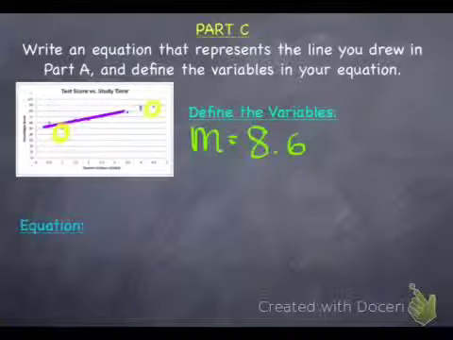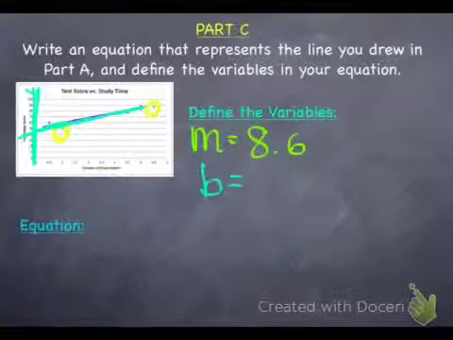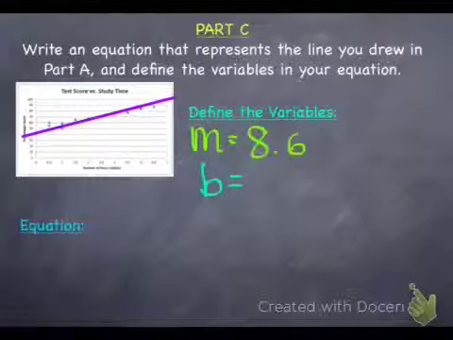Next we need to find our B, or our value of Y, when X crosses this line right here. So the value where that line is going to approximately cross the axis. So I've extended the line all the way across, and it looks like it's approximately landing at about 40%.